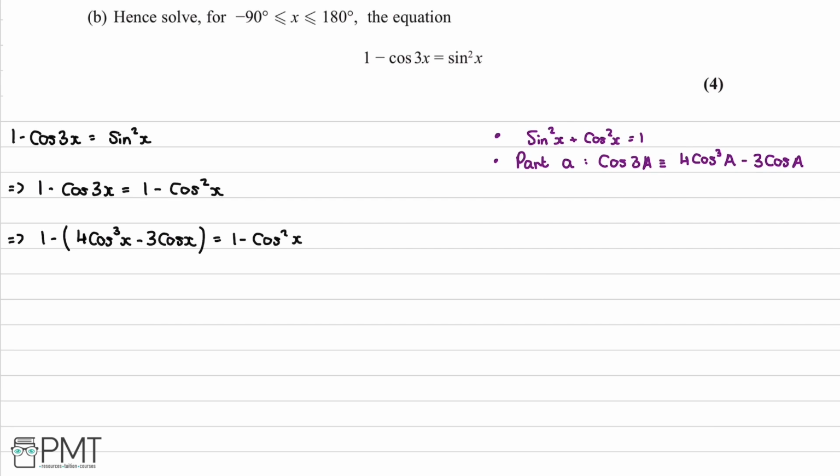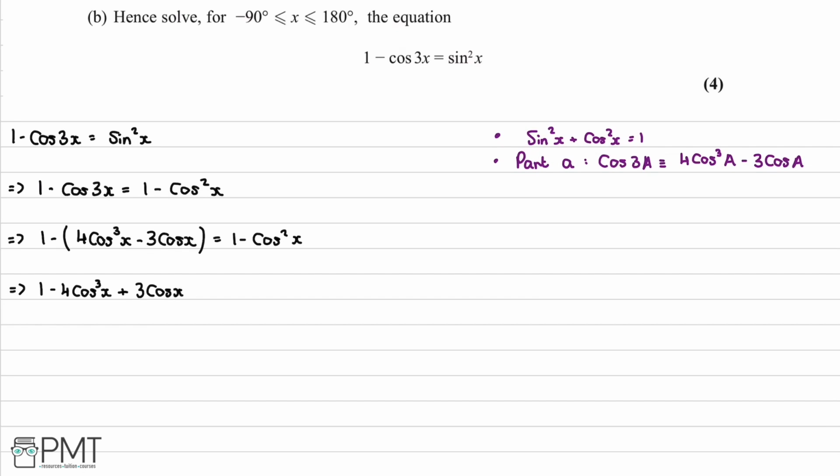So what we can do is we can then expand these brackets by multiplying by the negative and then taking this side here over to this side and equating this to 0. So this will remain as 1, then we have minus 4 cos cubed x, and then we're going to add on to that because the negative 1 multiplied by negative 3 cos x is going to be positive 3 cos x.